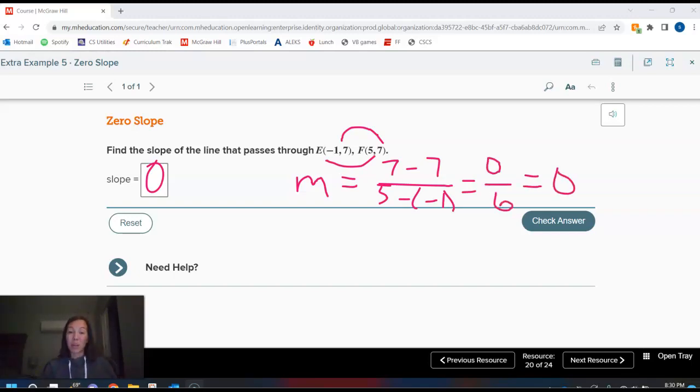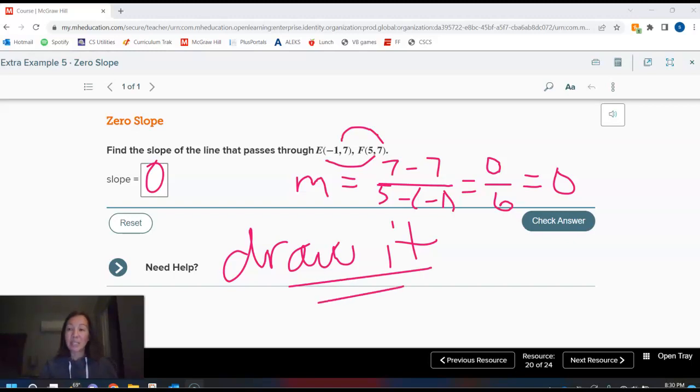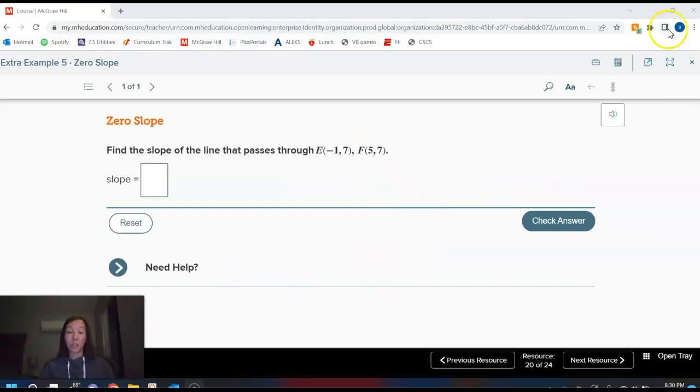But if you draw a picture right away, you can see that it's a horizontal line, so you don't have to use the formula. If you don't draw a picture, then you have to use the formula. But even if you use the formula, I always recommend drawing it. The more you can see, the less you're going to have to do in your head, the better off you're going to be. So now you guys pause and try the one on the bottom of page 199.